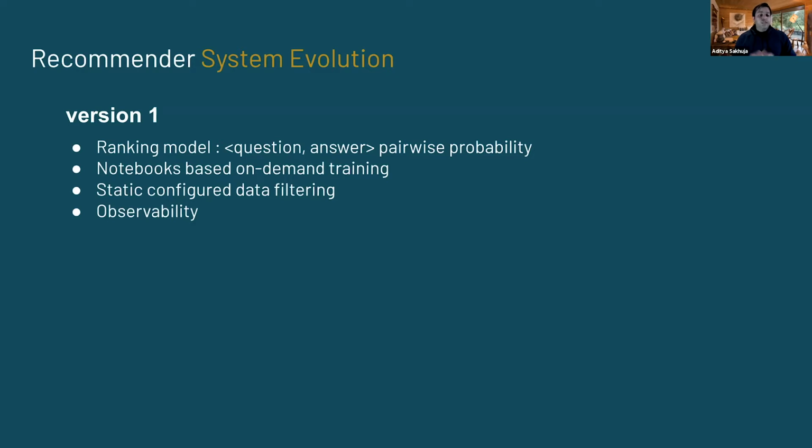So initially we didn't tackle that. We had a static configuration for the default fields we used to get the data in. And then we started thinking about observability as well. We wanted to get logging and metrics in early, so in version 1 there were hints of these things coming in.